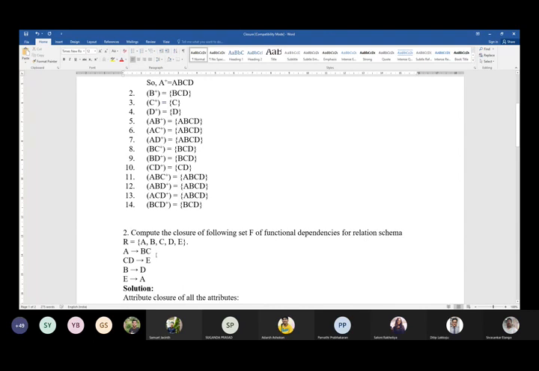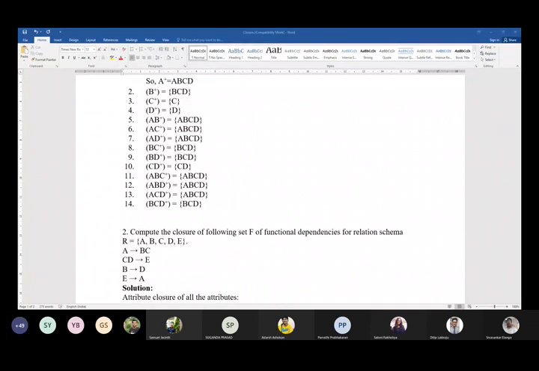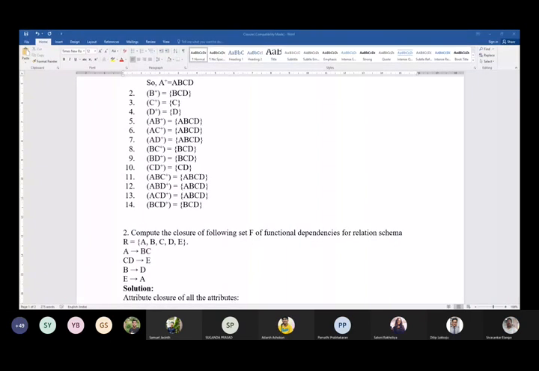So now you are expected to give the attribute closure for all the attributes in this relation. You can take a piece of paper and pen, start working on it, and get me the solution.